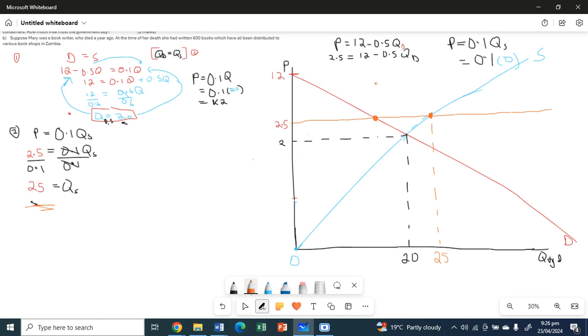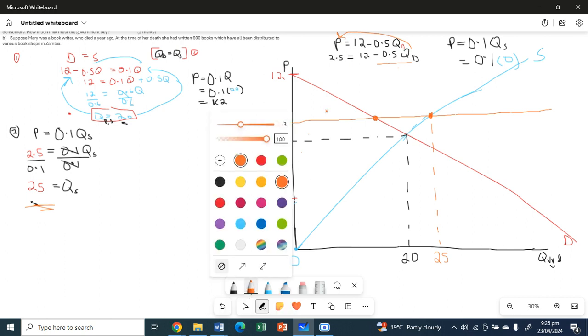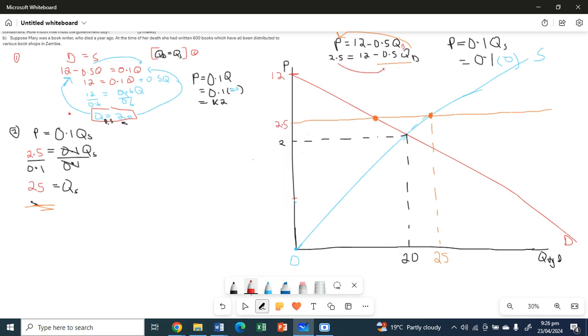Since I want to make this positive, I'll take negative 0.5 QD to the left, and the 2.5 to the right, so that I maintain a positive 0.5 QD. So 0.5 QD equals 12 minus 2.5. I hope everyone's able to see clearly.